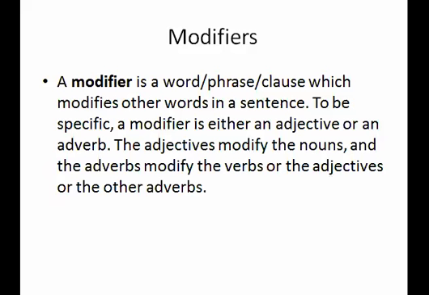We now move over to modifiers. A modifier is a word, phrase, or clause which modifies other words in a sentence. To be specific, a modifier is either an adjective or an adverb. The adjectives modify the nouns and the adverbs modify the verbs or the adjectives or the other adverbs.